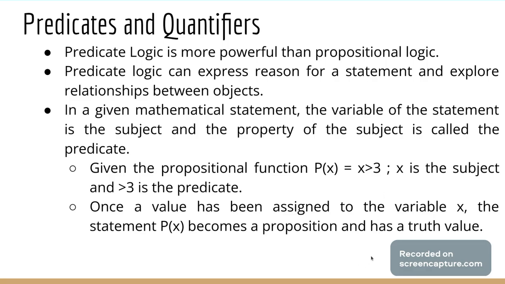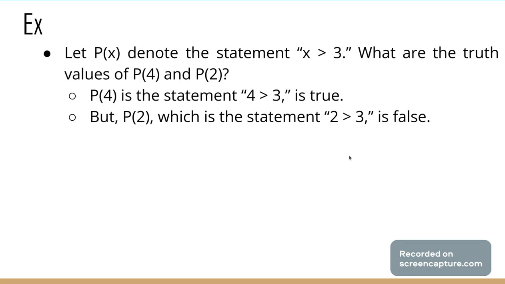In this example, let P(x) denote the statement x greater than 3. What are the truth values of P(4)? Assign the value 4 to x. Is 4 greater than 3? True. So P(4) is true.